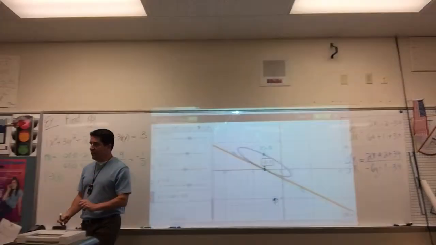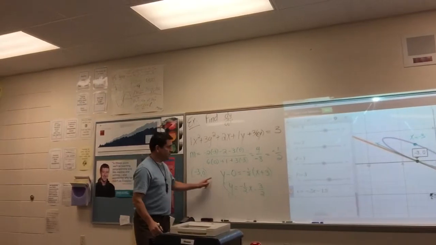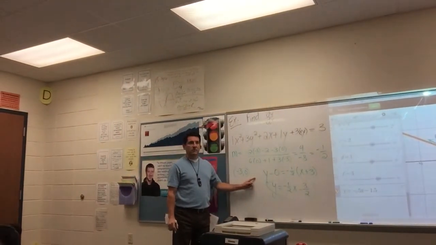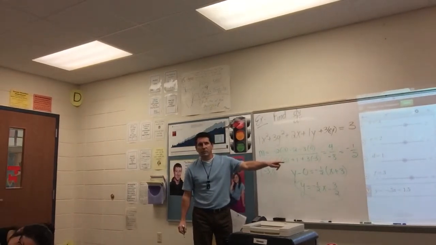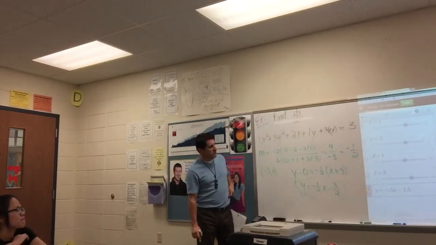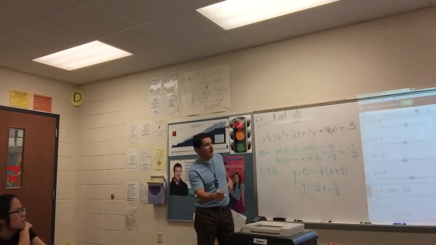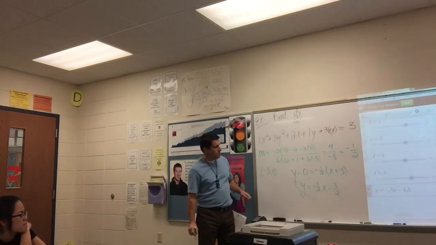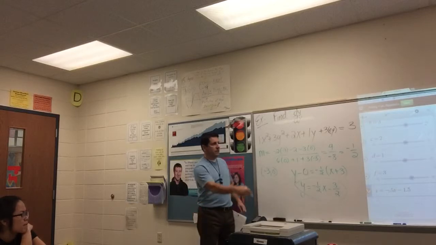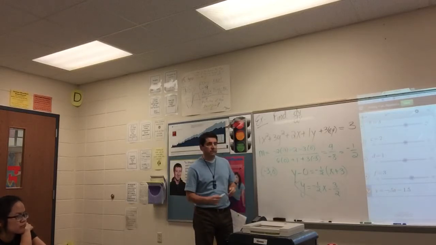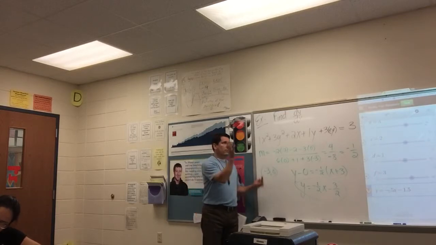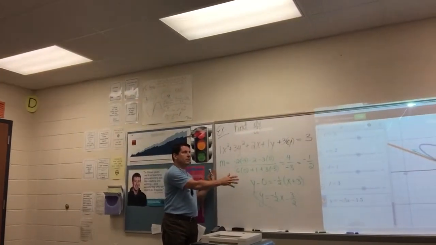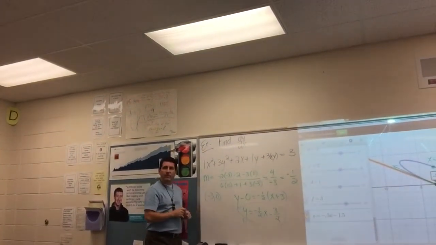So you have to use both the x and the y coordinate to find the slope. That's a critical thing, because these things fail the vertical line test. They're not functions. So you have to use both x and y to find the slope. And then find the equation of the line, boom, boom, boom, and you're done.